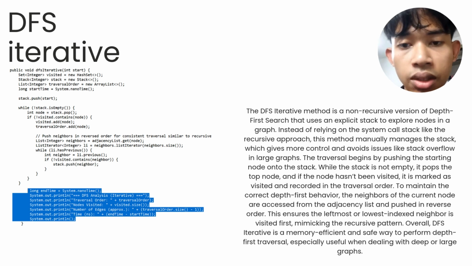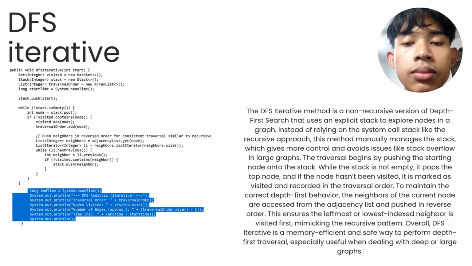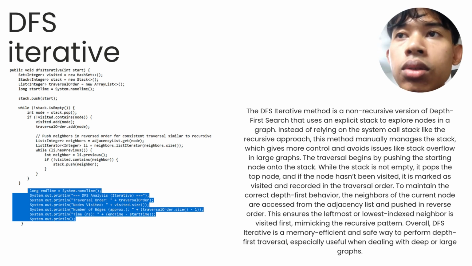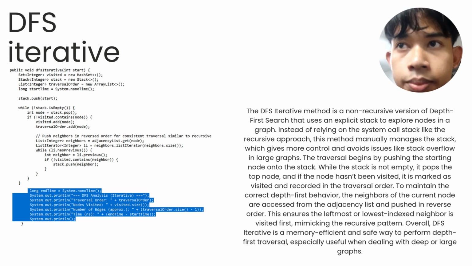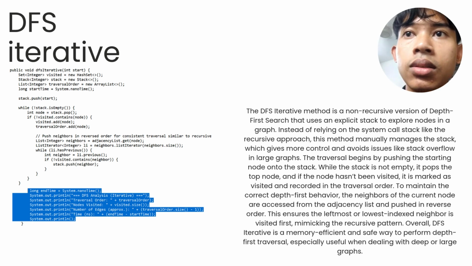So as you can see on the right side of the slide, it is the code that I created. The title of this code is DFS traversal. I'll be using integers.